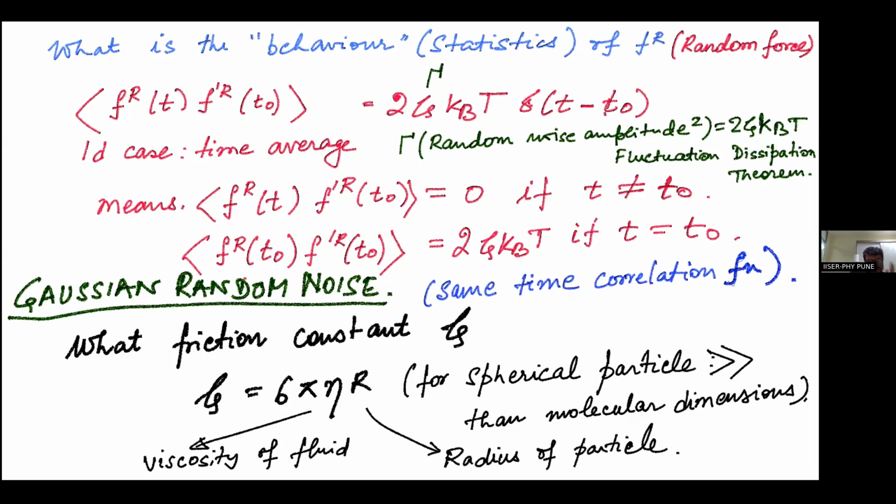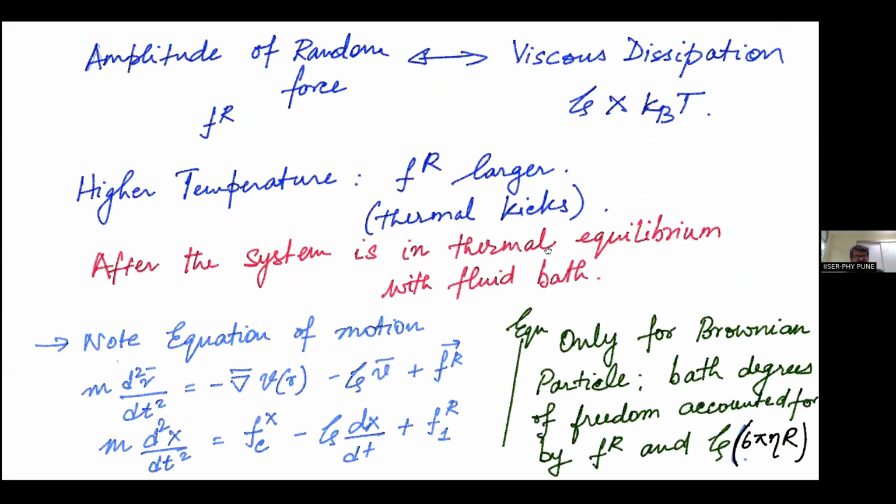On average, it feels a higher kick, depending upon a higher value of zeta and a higher value of kBT. The message is that the amplitude of the random force is related to the viscous dissipation decided by zeta and kBT. And moreover, they are delta correlated in time, right?